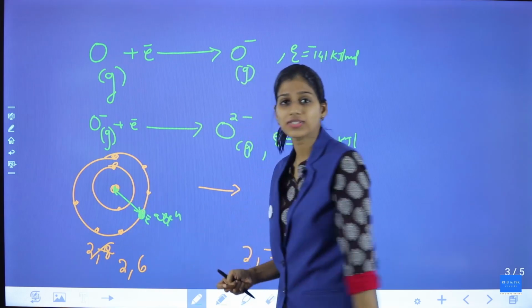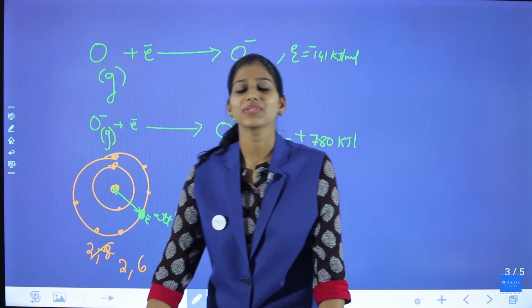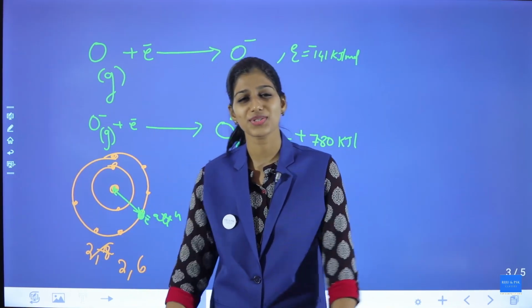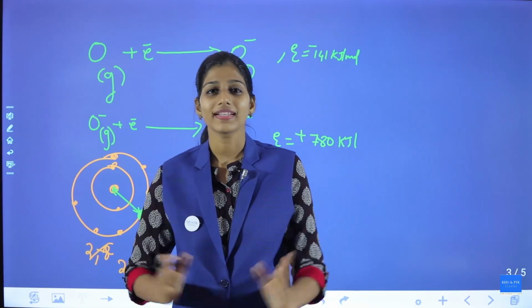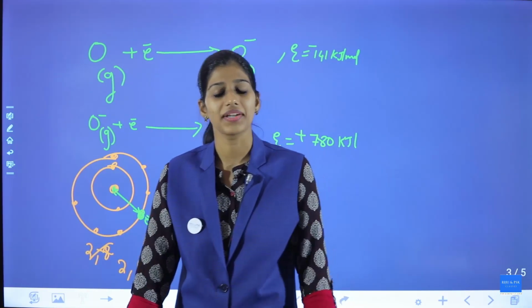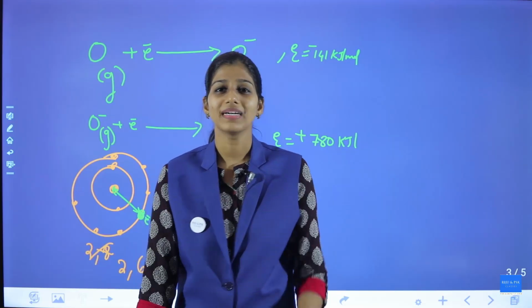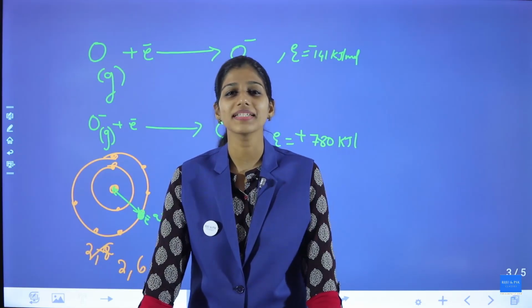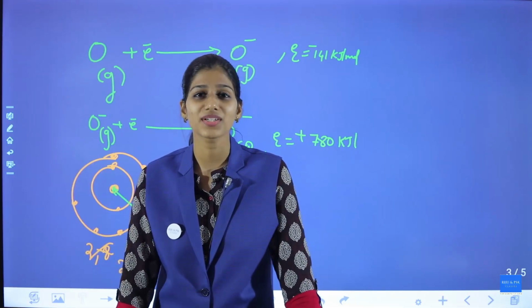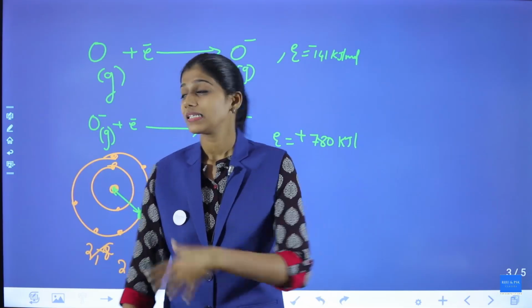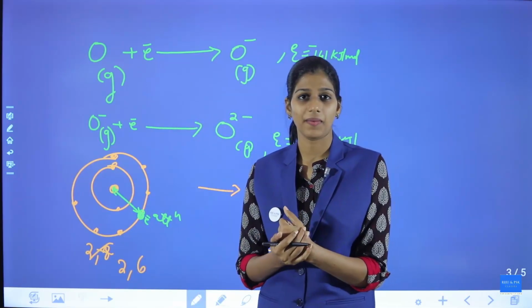Appo pudiya attraction undaayi. And you know, attraction always leads to stability, or attraction always releases energy, whereas repulsion takes the energy. Okay, so mind these words. Attraction always releases energy because that is an indication of stability, whereas repulsion requires energy.